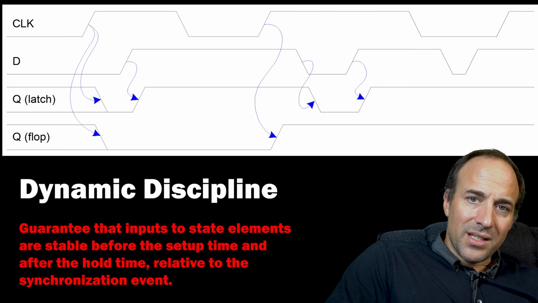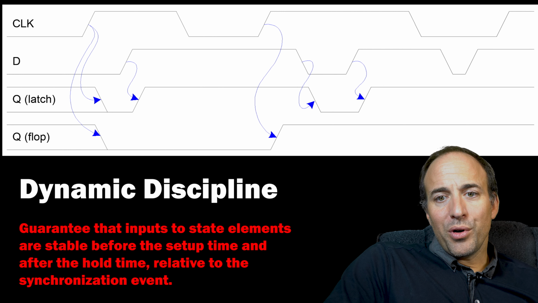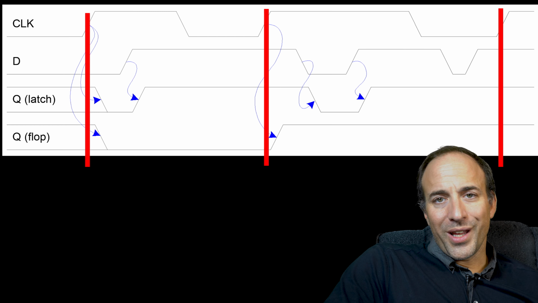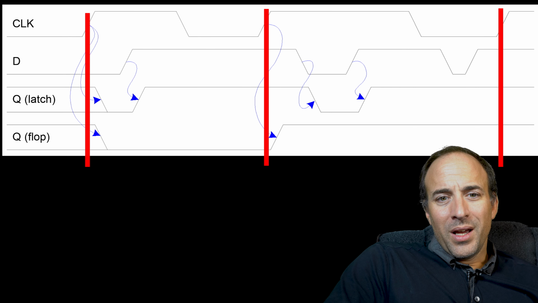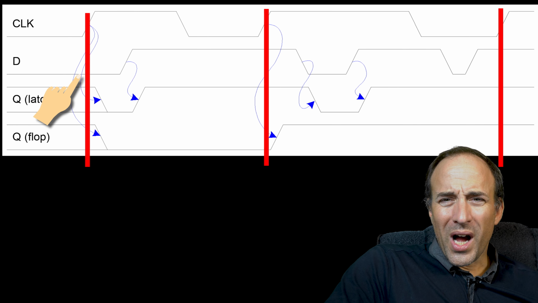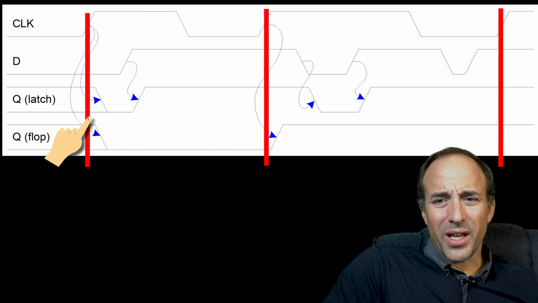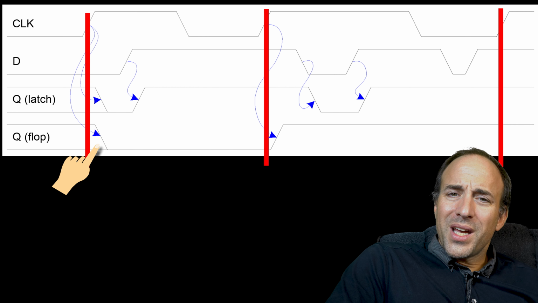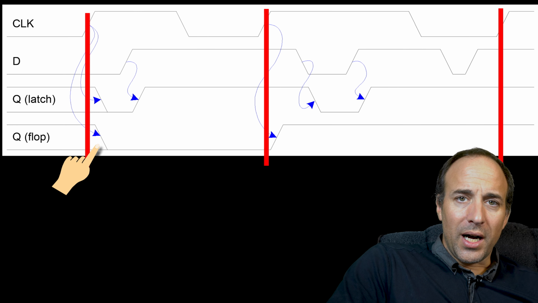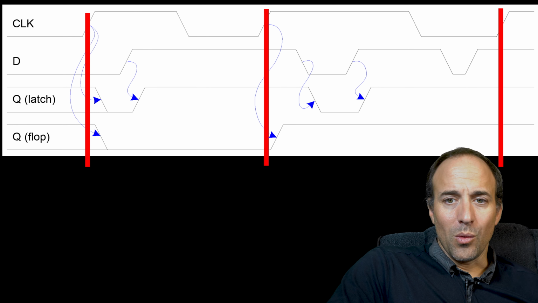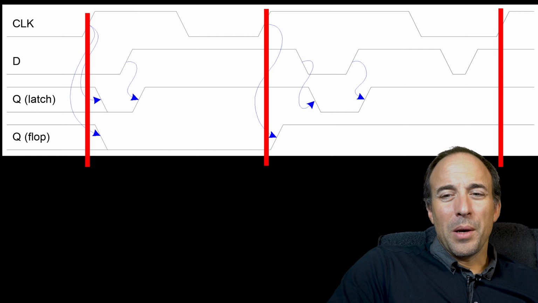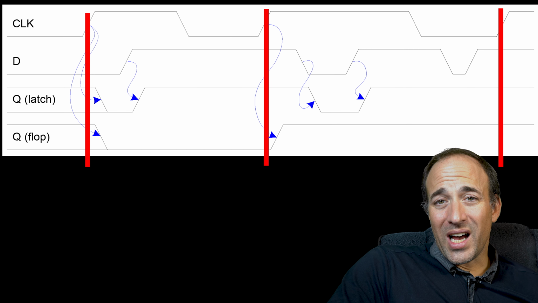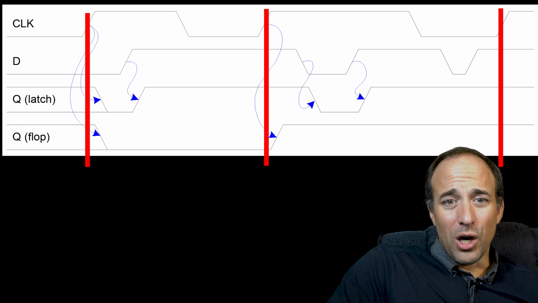Flip-flops, on the other hand, sample their input on the rising or the falling edge of the clock. Now, why the rising or falling edge? What is significant about that? They do this because the time it takes the clock to transition from 0 to 1 or 1 to 0 is much shorter than the time the clock is high or the time the clock is low.